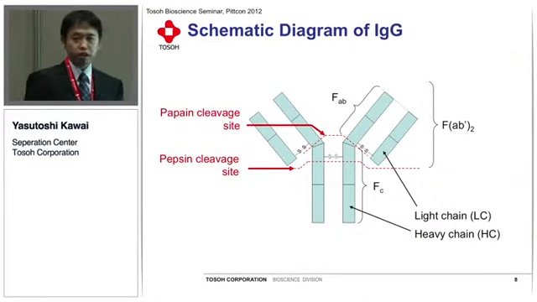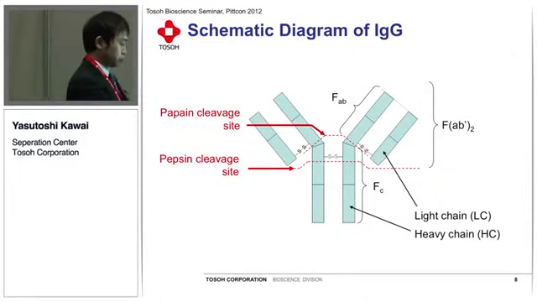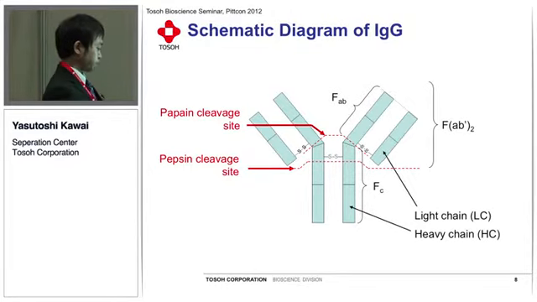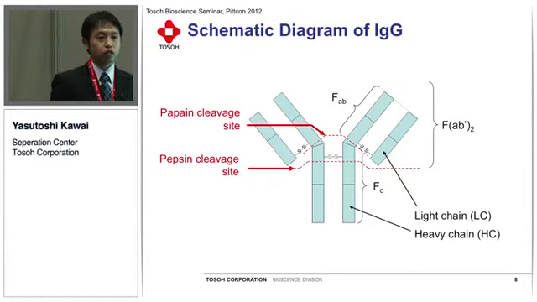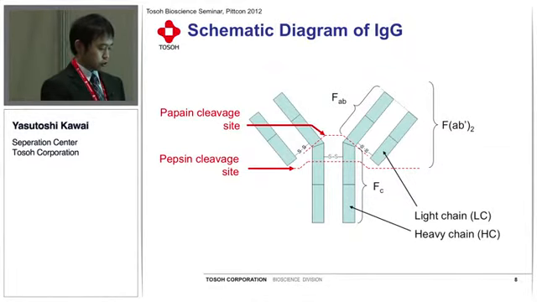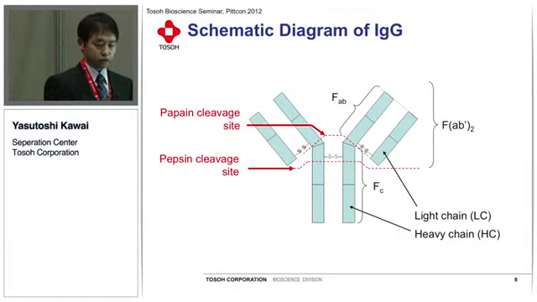This picture presents the diagram of IgG structure. IgG is a large protein with a molecular weight of 150 kilodalton. So, in some applications, IgG is digested into small fragments by papain or pepsin.